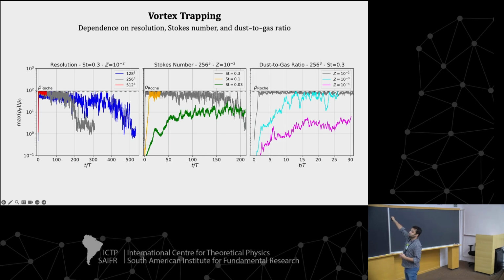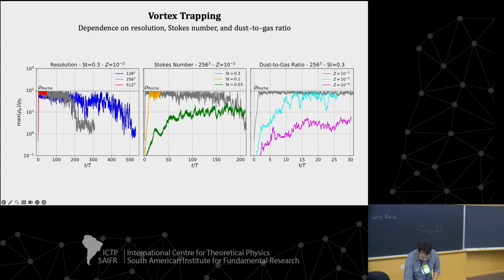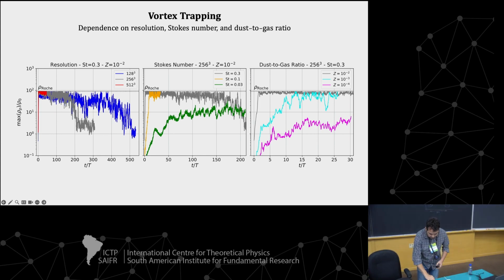However, as you go to 10 to the minus 4, the same thing that happened here for the Stokes number 0.03 case happens, right? You don't achieve Roche density, so no direct gravitational collapse, but you can easily achieve dust-to-gas ratio 1. So for metallicity 10 to the minus 4, the streaming instability alone would never be able to achieve the conditions for it to operate.